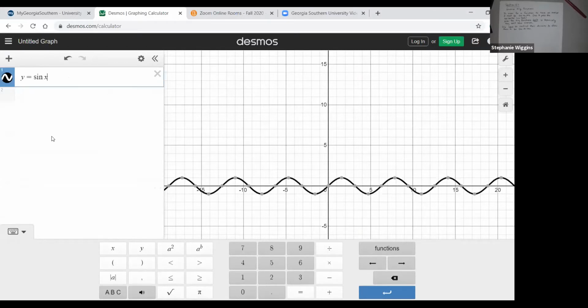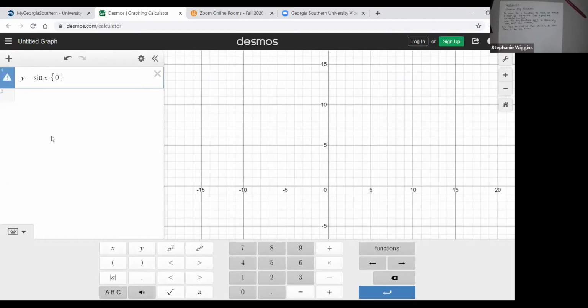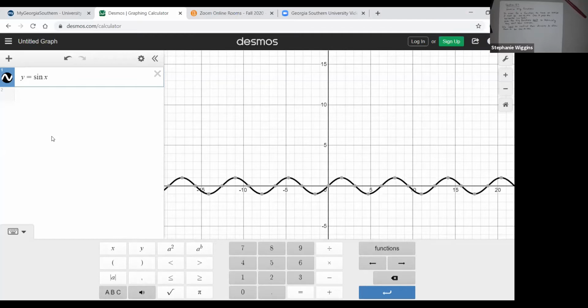Oh wait, sorry. I'm trying to remember, I think for sine, we go from minus pi over 2 to pi over 2. I think that's right. Yes, that's correct.